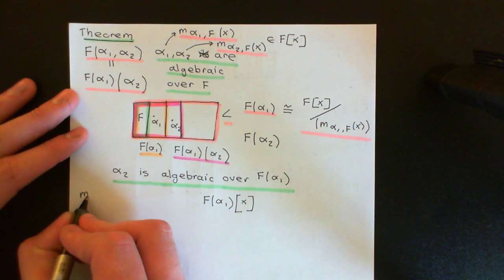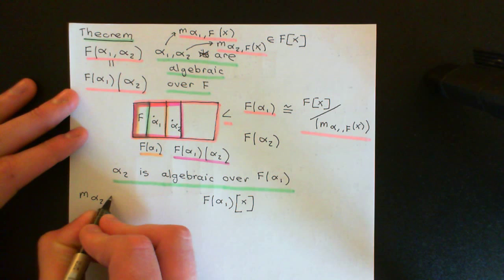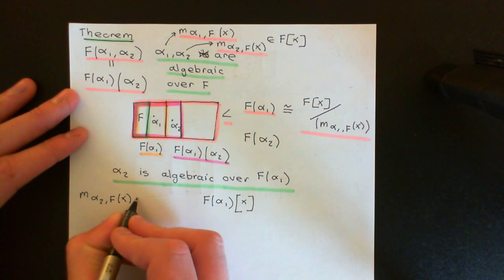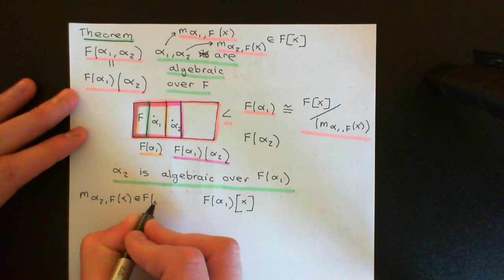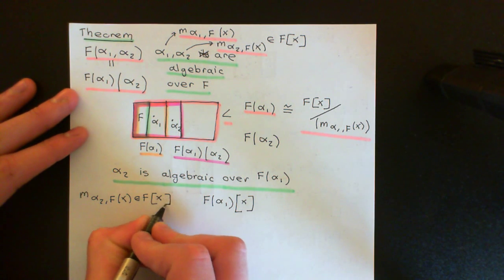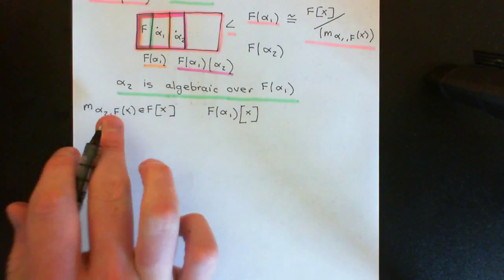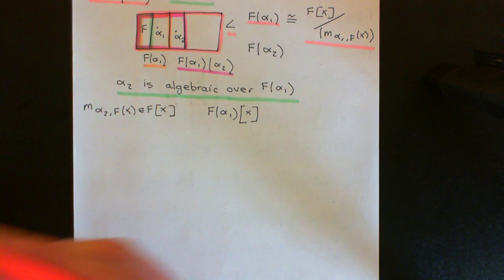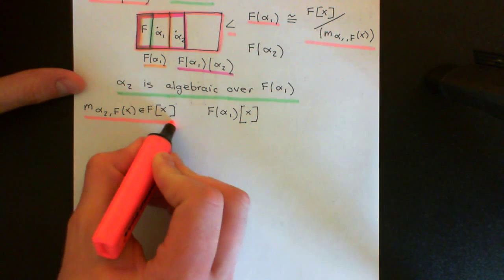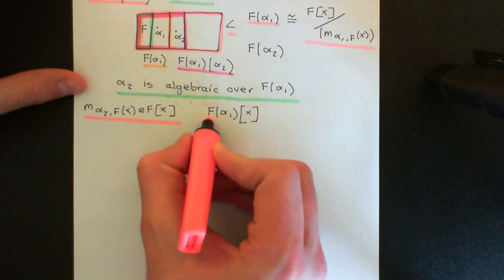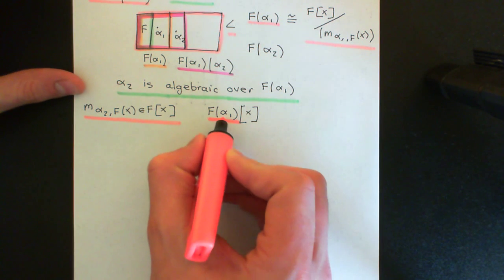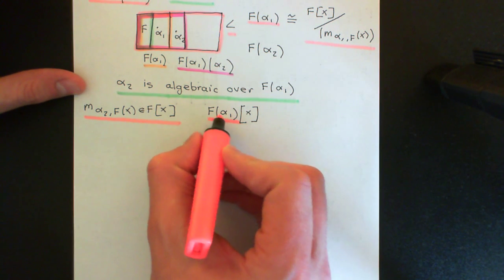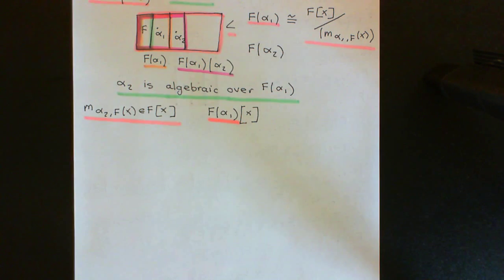Okay, so we know that the minimal polynomial for alpha 2 over F is some element of the ring of polynomials over the field F which has alpha 2 as a root. Now, this polynomial, its coefficients are all in the field capital F. The field capital F is a subfield of the field extension of F which is generated by alpha 1.